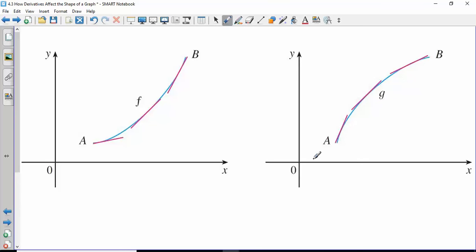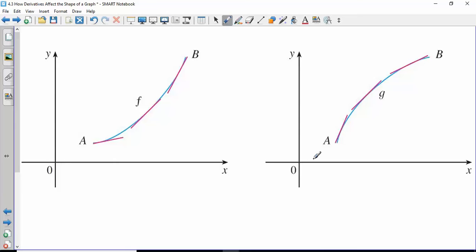These would have a negative slope. The second derivative is the derivative of the first one, so it's like the derivative of those lines, essentially. What it's going to tell us is how the slope is changing from the first derivative.